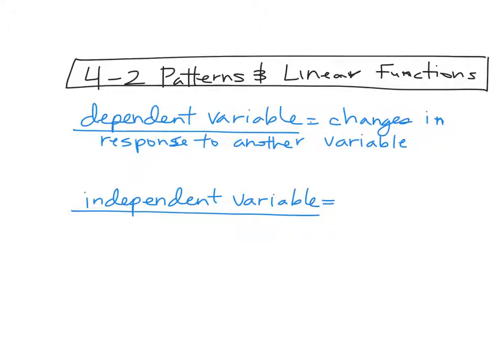Okay, so a dependent variable changes in response to another variable. When, in a little bit, we talk about input and output, this is your output. The dependent variable is your output. Basically, we say it depends, okay? Dependent depends on the other variable, whereas the independent variable doesn't depend on the other variable.